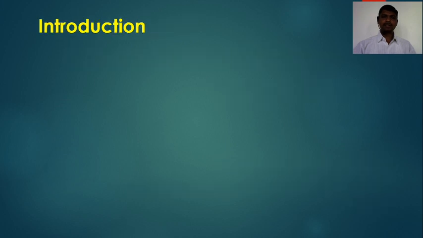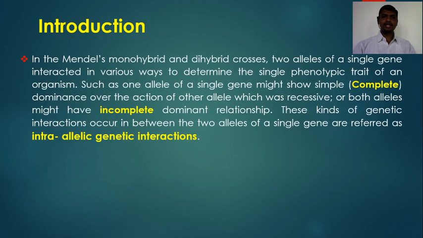In the previous chapter, we studied Mendel's monohybrid and dihybrid crosses. So let us recall what a monohybrid cross is. Mono means single. When a cross is made for a single pair of contrasting characters, for example, a cross between tall and dwarf plants, such a cross is called a monohybrid cross.